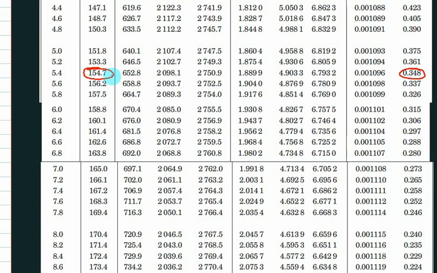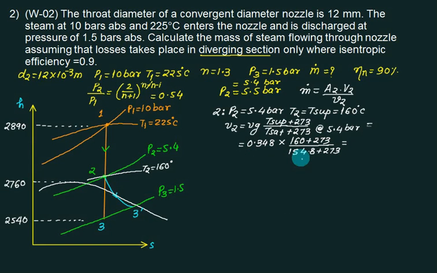This value is T sat, and this value equals what? Only two values at 5.4. So Vg is 0.348 and T sat is 154.8. From this calculate V2. V2 equals under root of 2 times (H1 minus H2) multiplied by 1000.